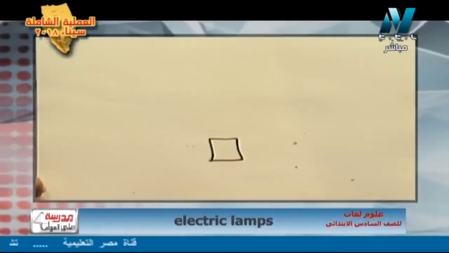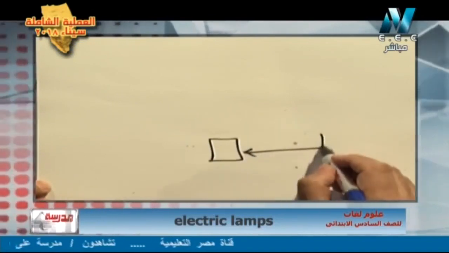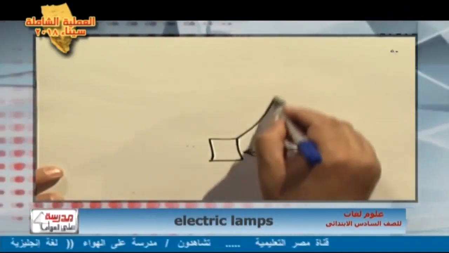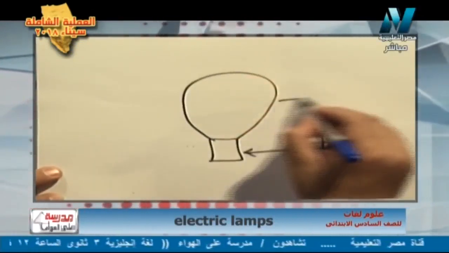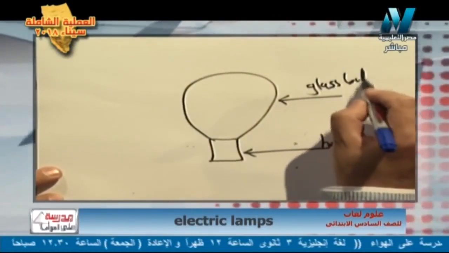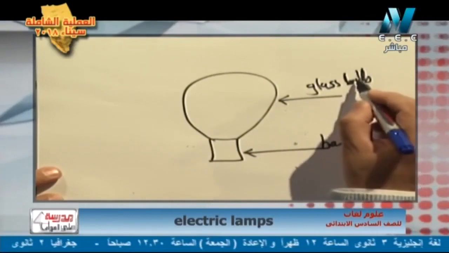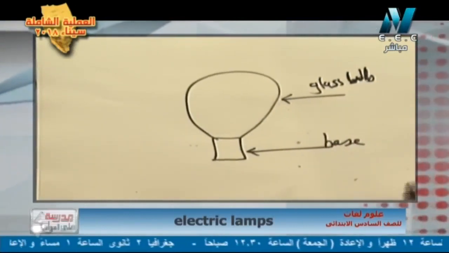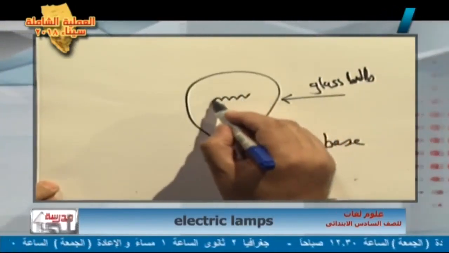The light bulb contains three main parts, which are the base, القاعدة, and the glass bulb, الانتفاخ الزجاجي. You are asked to label the diagram.